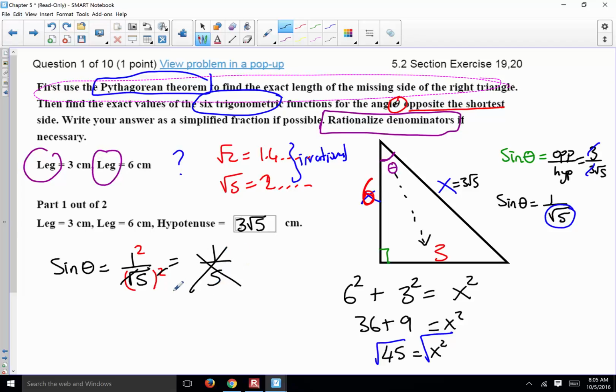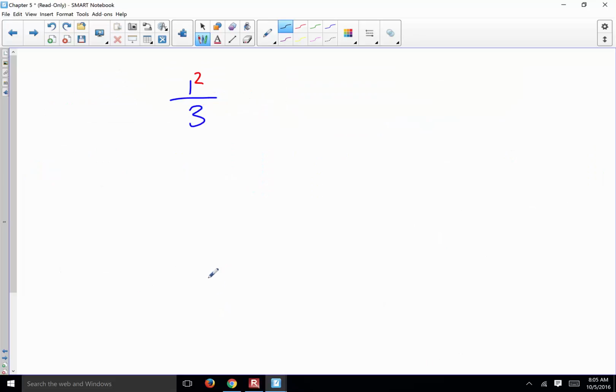This is a distraction. Bad. Squaring both sides spoils the ratio. It's not allowed, unless it's an equation. If it's an equation solving question, yes, you can square both sides, but you're doing it to both sides. Here there are no both sides. You're only doing it to one side. It's not allowed. Okay? Alright, then if I can't square it, what can I do?